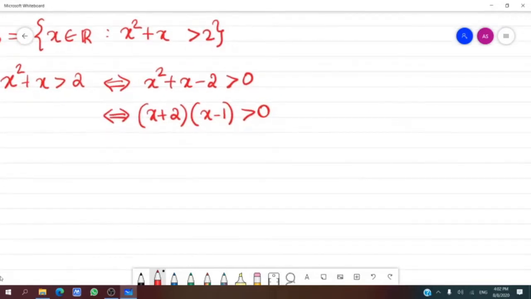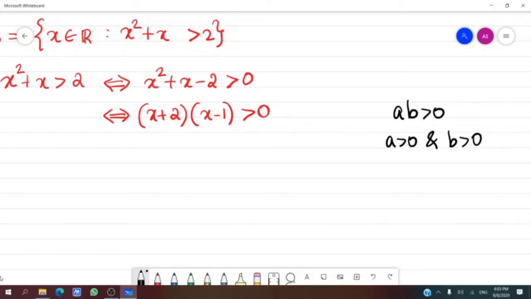We have the theorem that if a product A into B is positive, then if and only if either both are positive or both are negative.